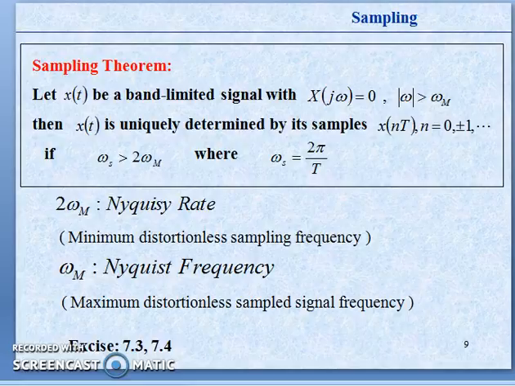If omega s is greater than 2 omega m, it is called oversampling. If omega s is equal to 2 omega m, it is called exact sampling or Nyquist sampling. And if omega s is less than 2 omega m, this situation is called undersampling.